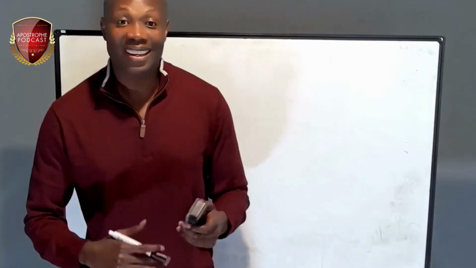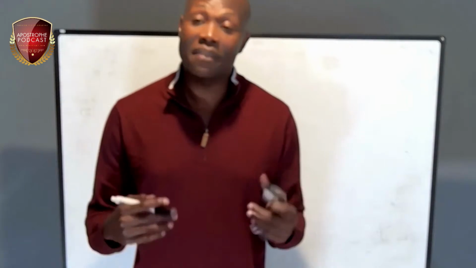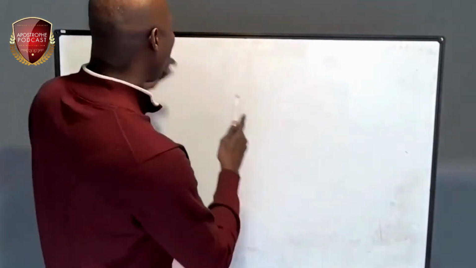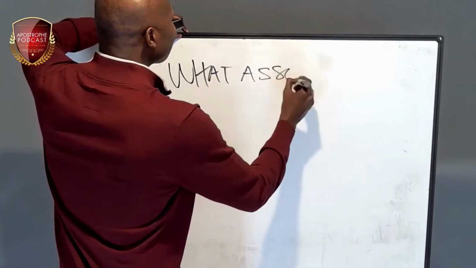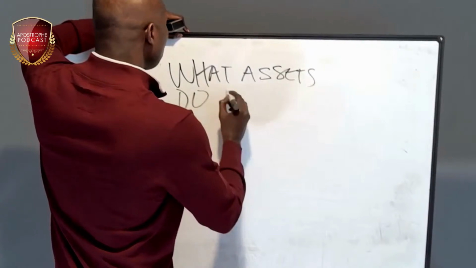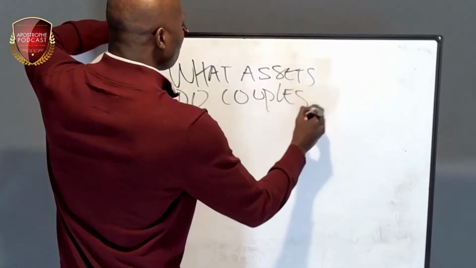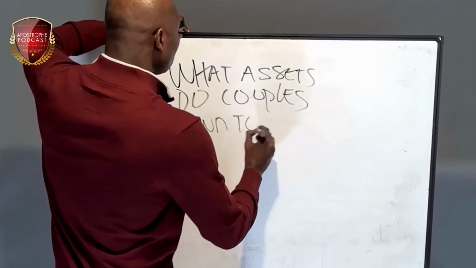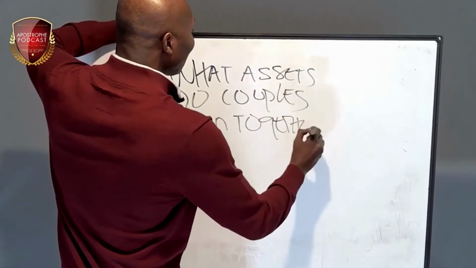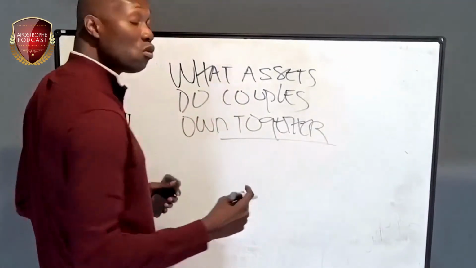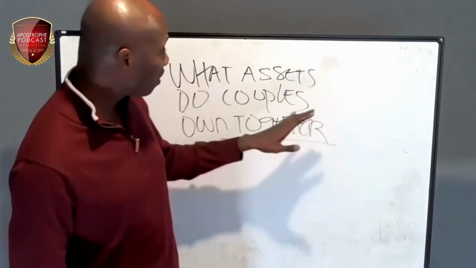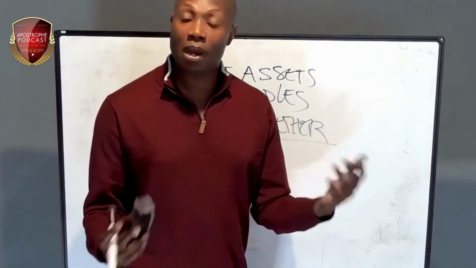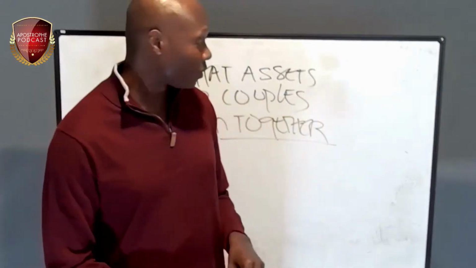All right, folks, let's do a quick recap of what we've learned so far. I define community property as the assets that married couples own together. As a general rule, all assets acquired throughout the marriage are deemed community property with a few exceptions.